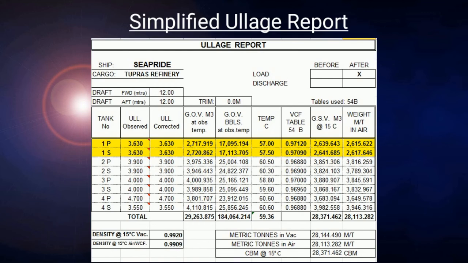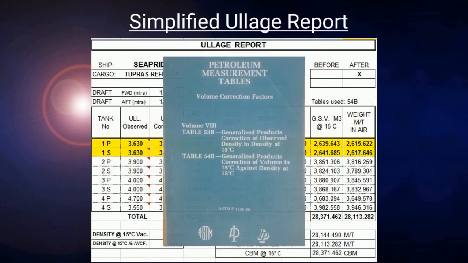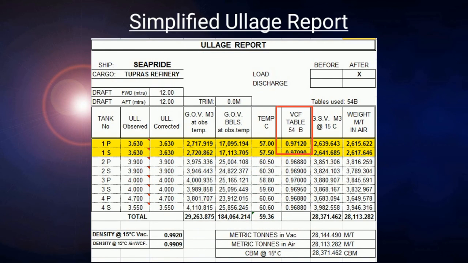Then, we take a look in table 54B and we would get 0.9712 as the VCF. We will have our standard volume by multiplying the observed volume by the VCF. And to have our weight in metric tons in air, we should multiply the standard volume by the density in air or weight correction factor. And we will have the weight as 2615.622 metric tons in air.